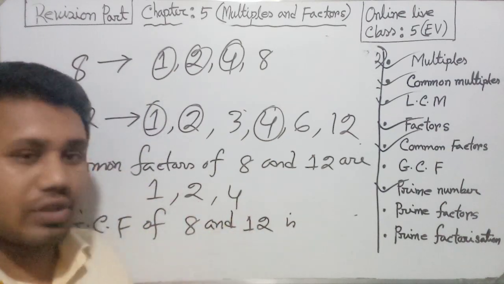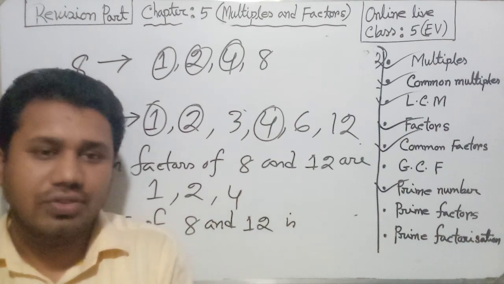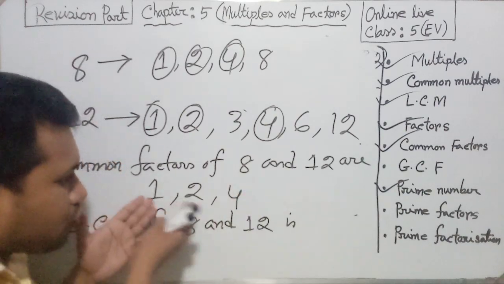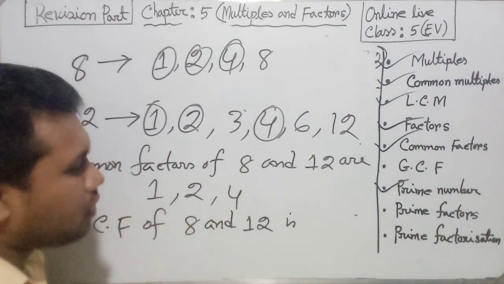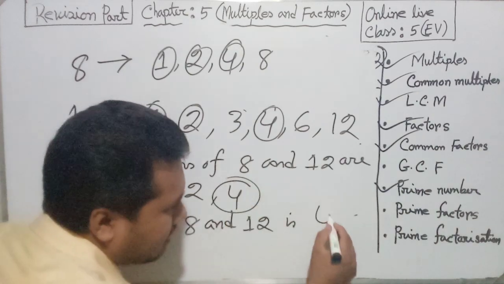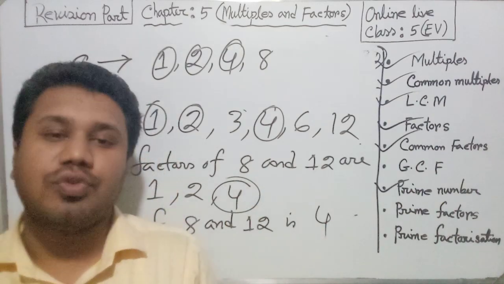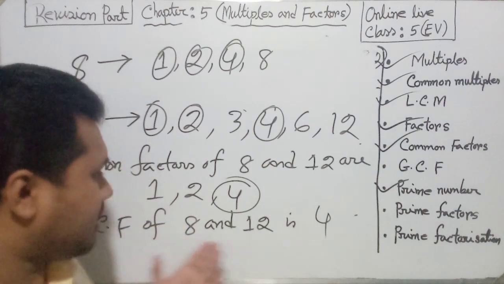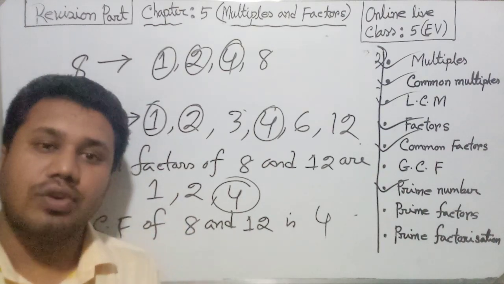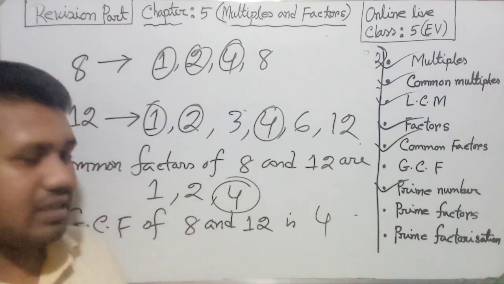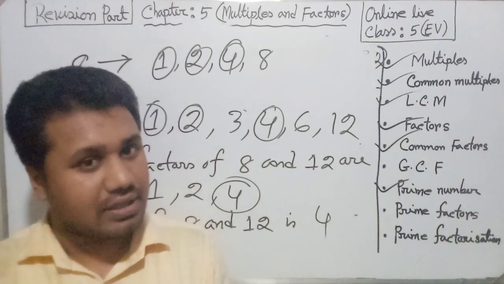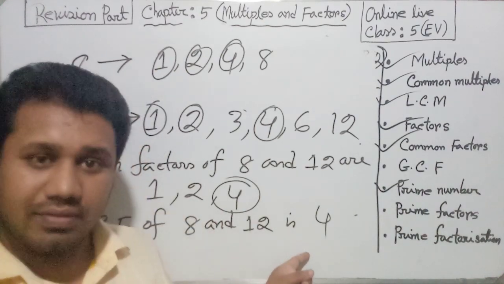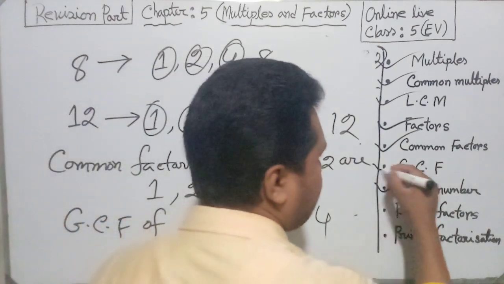Now 1, 2, 4 are the common factors of 8 and 12. Which one is the greatest among these three? We can say 4. So our answer is 4. 4 is the greatest common factor, the GCF of 8 and 12.